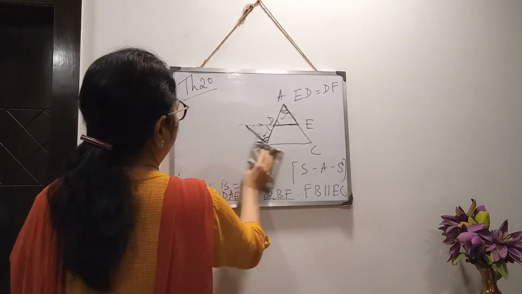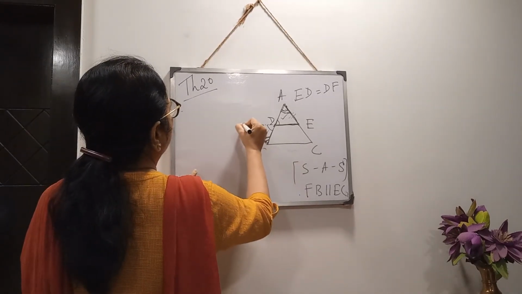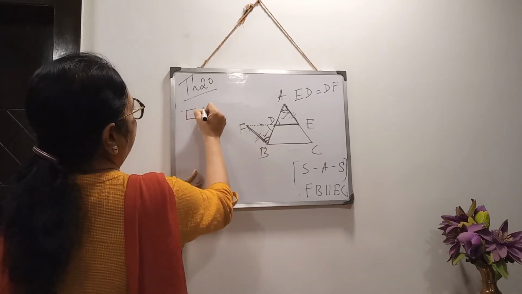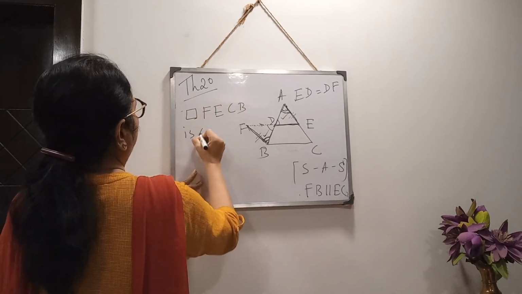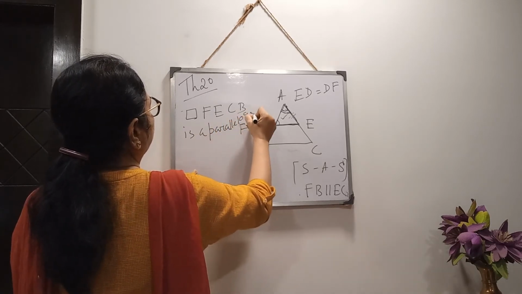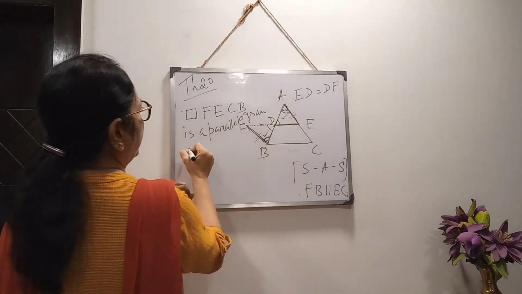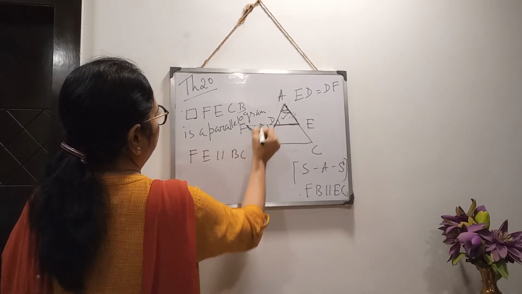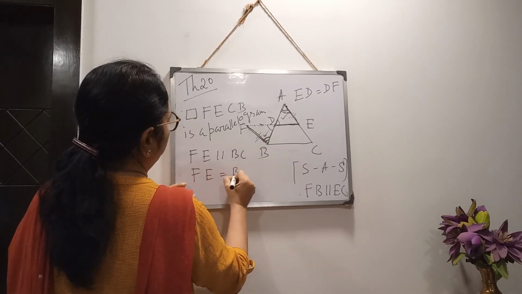Therefore now we can write that quadrilateral FECB is a parallelogram. Since it is a parallelogram, we can write FE is parallel to BC, opposite sides are parallel, and FE equals BC.